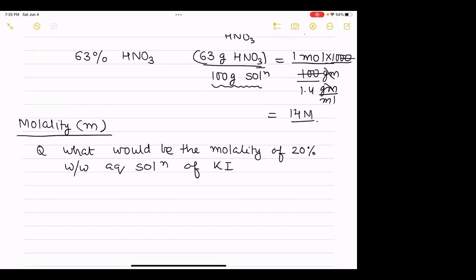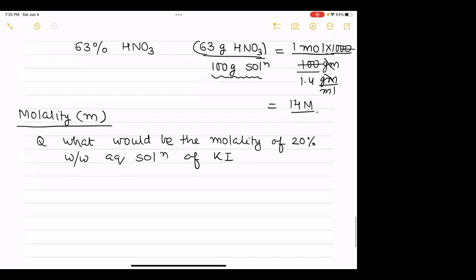If you have a 20% mass percent aqueous solution of KI, what is the molality?